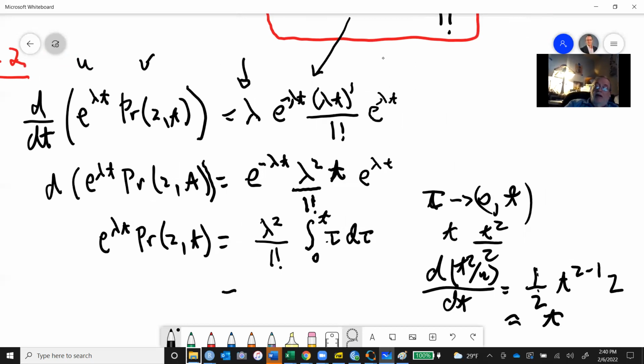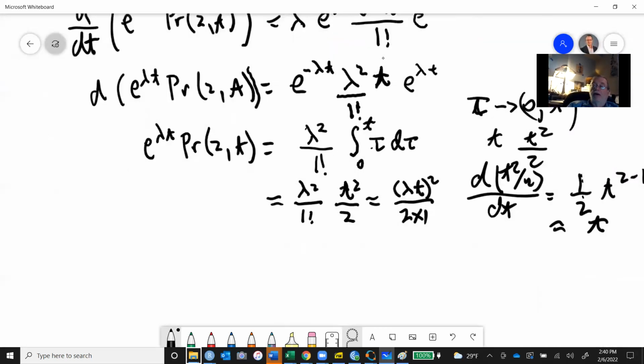So we have lambda squared over 1. We do the integration, and we get t squared over 2, which is the same as saying lambda t squared over 2 times 1. What is 2 times 1? Well, you know what 2 times 1 is. It's 2 factorial.